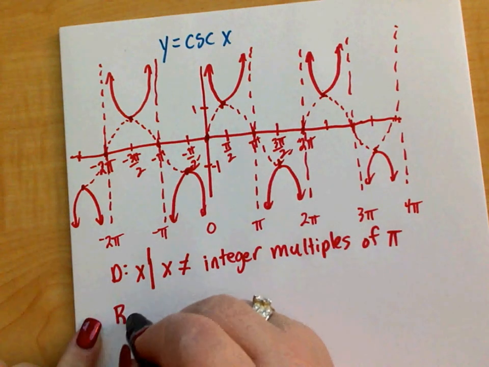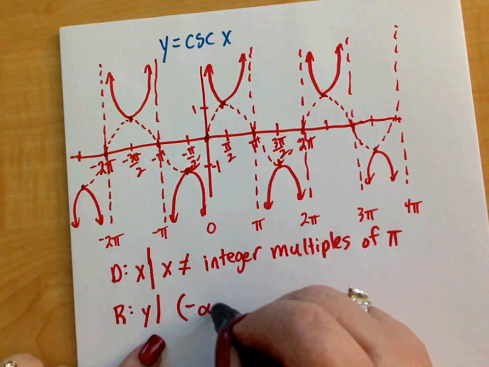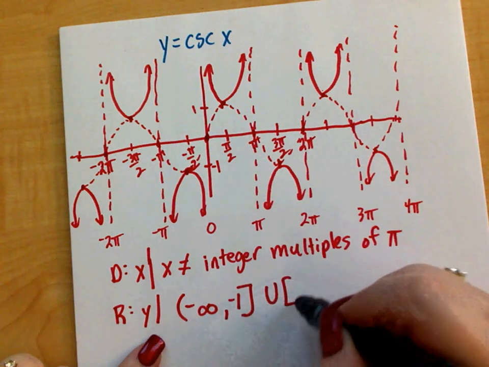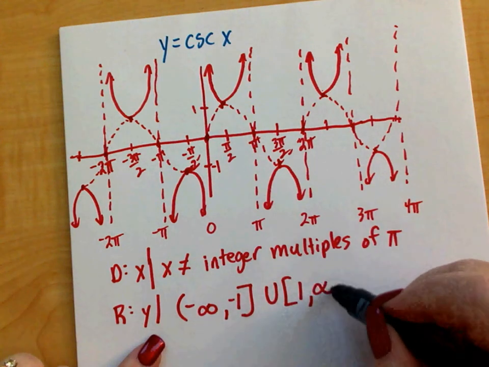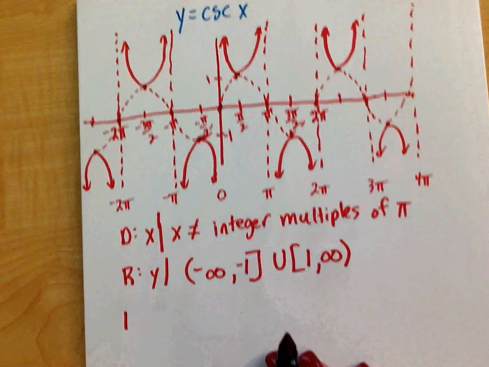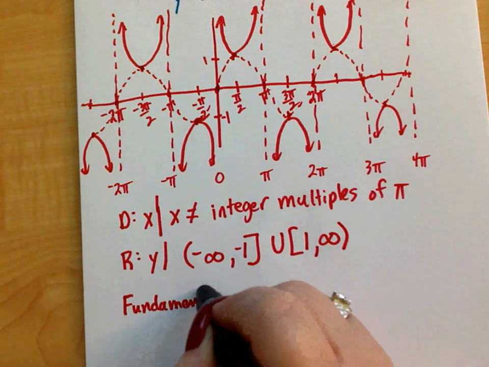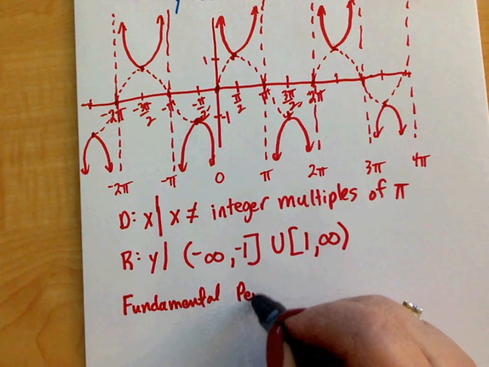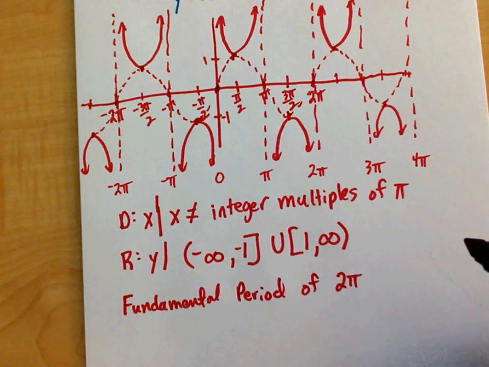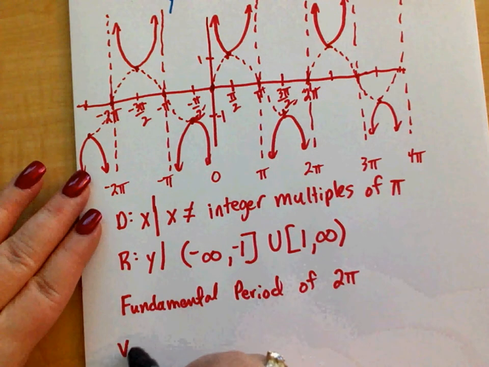The range will be y such that it goes from negative infinity to negative 1, union 1 to infinity. Alright, it's going to have a fundamental period of 2 pi.